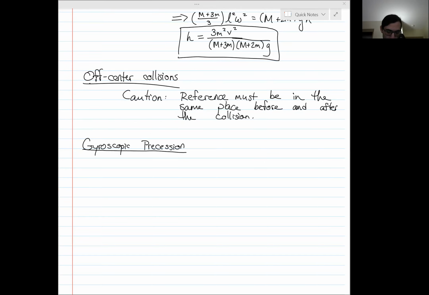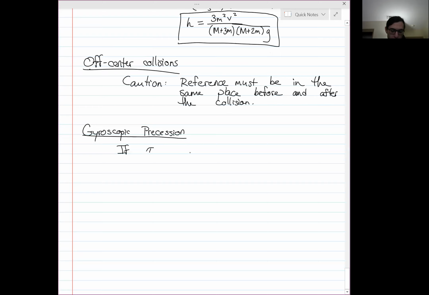So if the net torque isn't zero, you might ask, is it still possible that the moment of inertia and the angular speed are unchanged? Well, yes, indeed it is actually possible.